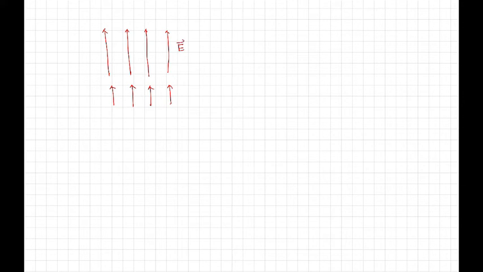Again, I can draw my point here, and put a tiny little box around the point. Now I can think, can I reason whether the flux through the volume of that tiny little box would be zero or non-zero?